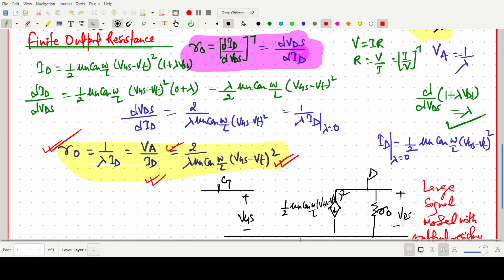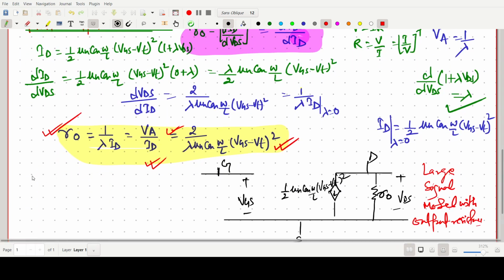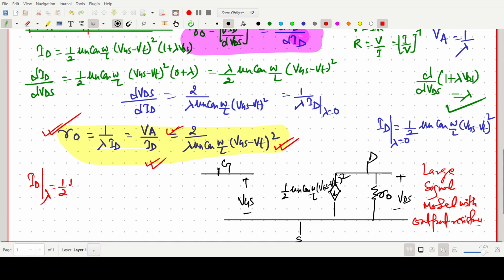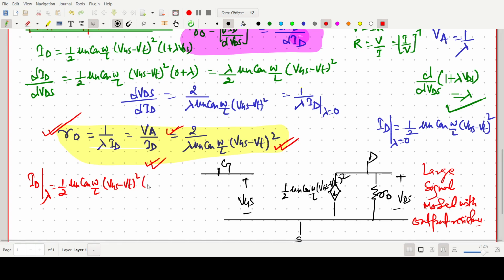So the main expression is this R naught and the drain current equation ID with lambda channel length modulation: 1 by 2 mu n Cox W by L, everything will be the same, (VGS minus VT) whole square, with an additional term 1 plus lambda VDS. This is also important, and VA equals 1 by lambda.